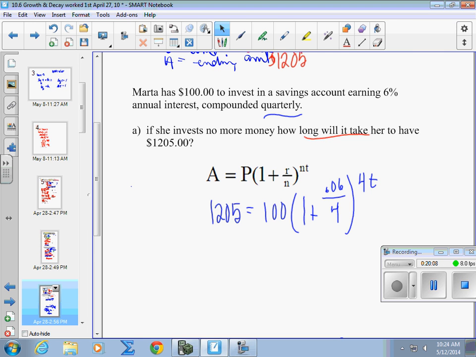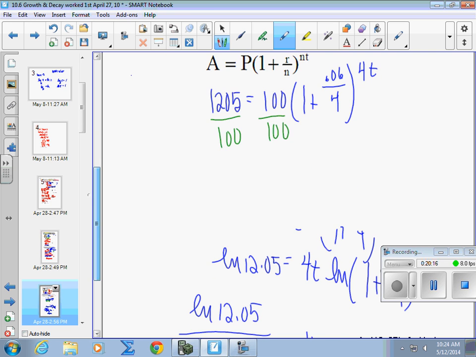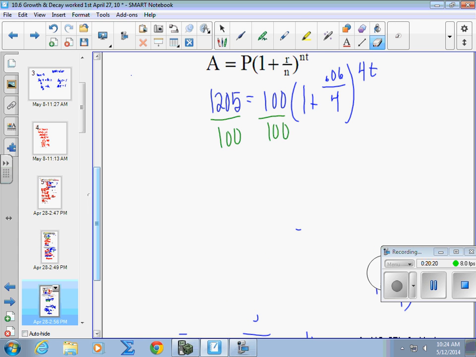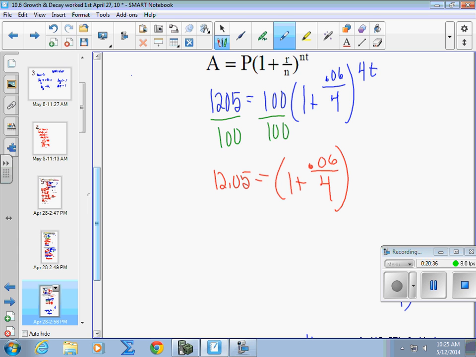The first thing I would do is divide by 100. Once again, you can use LN or you can use log base 10.